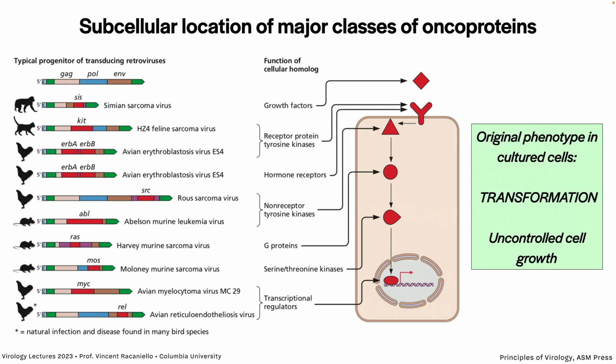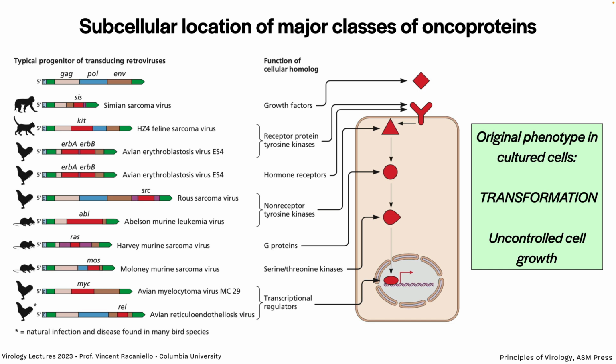So here is a series of oncogenes identified in a variety of viruses of primates, cats, chickens, mice, more chickens, that have picked up cellular genes, oncogenes, and here on the right is where those genes are active in the cell growth regulatory pathway. It's just amazing.